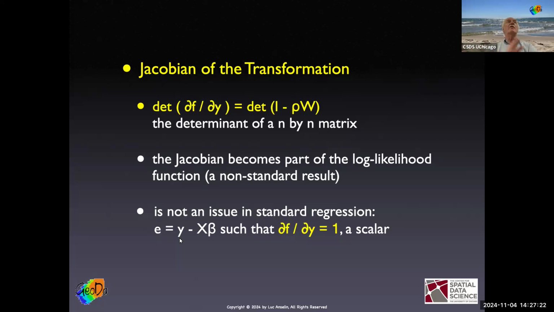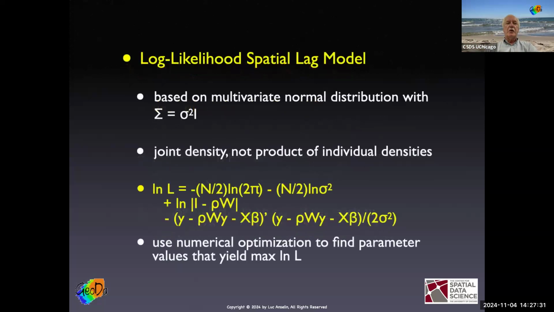Linear regression, 1-for-1. Spatial lag model, no longer 1-for-1. You need this rescaling thing. As a result, the log likelihood becomes this nice little expression here in yellow. So to keep it simple, as I said, I'm going to make no assumptions about heteroscedasticity or anything like that.